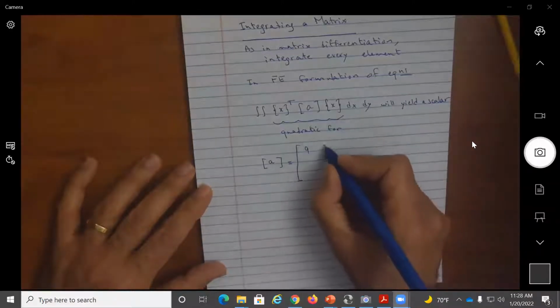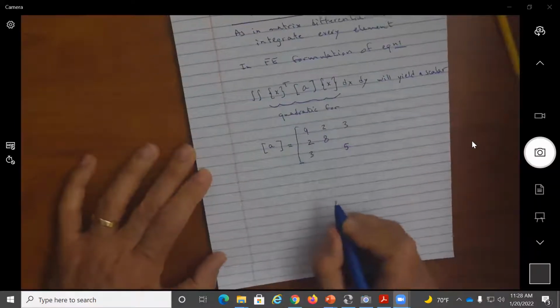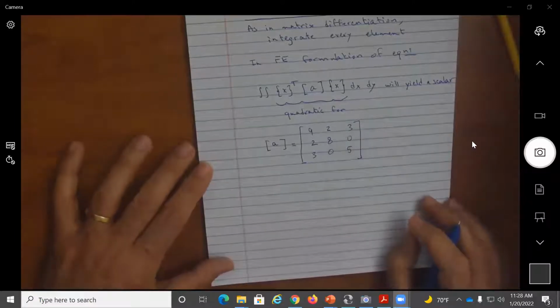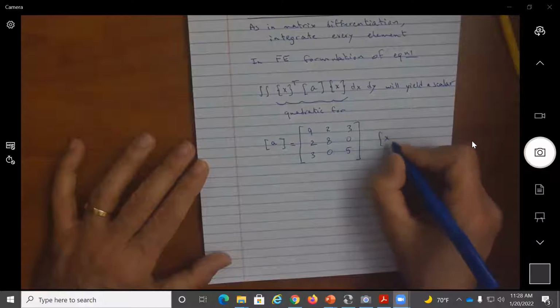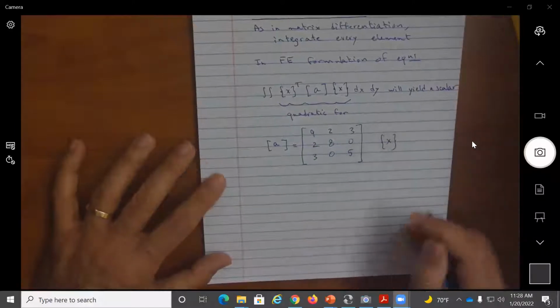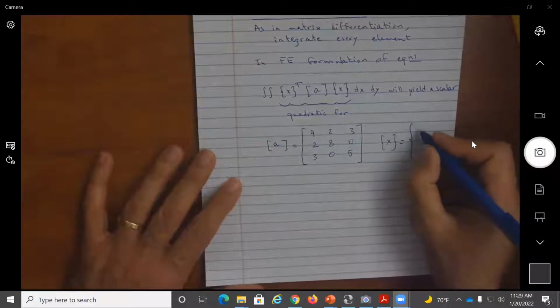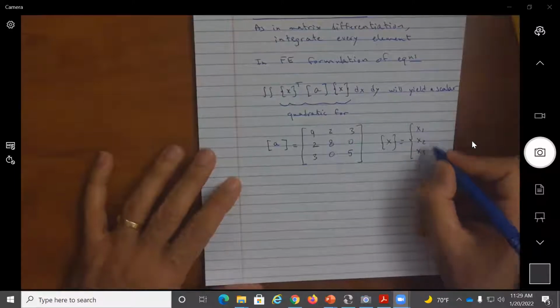If I have a 2 here, I'll have a 2 there. If I have a 3, we'll have a 3 there. If I have a 0 here, I will have a 0 there. So that's a symmetric square matrix. And if this is 3 by 3, X is going to be 3 by 1, so I have X1, X2, and X3.